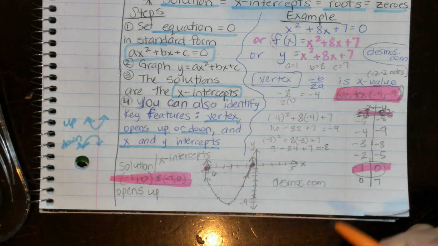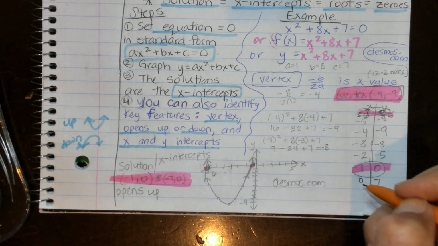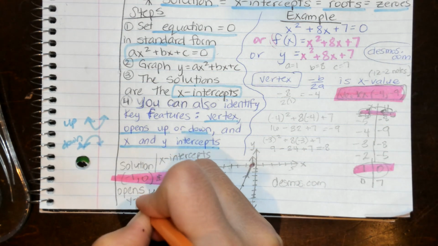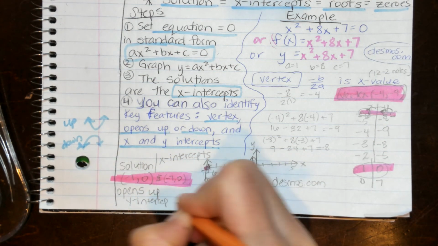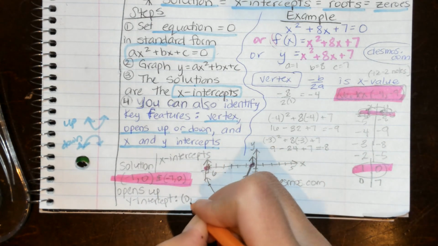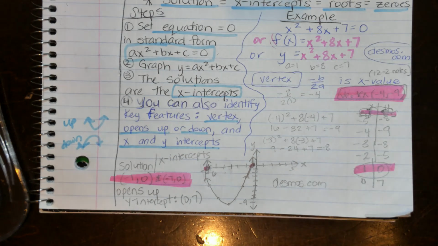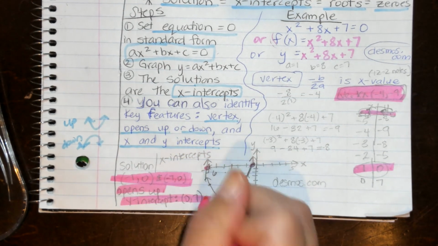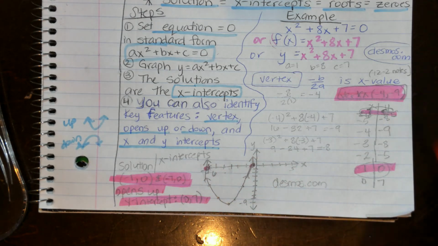I'm going to write that here. Y-intercept is where it crosses the y-axis. It's always where x equals 0, and then you solve for y. So these are the key features: opens up, y-intercept, and the vertex.